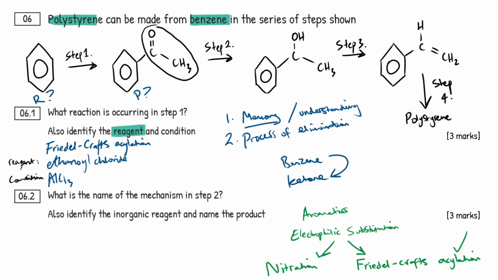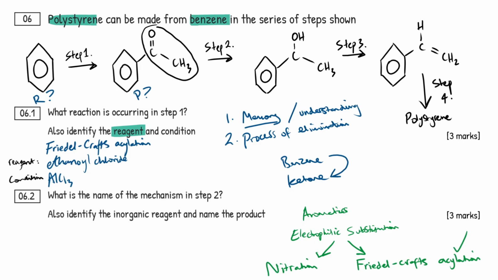Now, this aluminium chloride has to be anhydrous, or in the absence of water. Again, they don't really require that. They put it in the extra information column to allow it, but you don't need it. If I was writing this out on my own flashcard, I would put acyl chloride as a reagent in the presence of an anhydrous aluminium chloride catalyst.